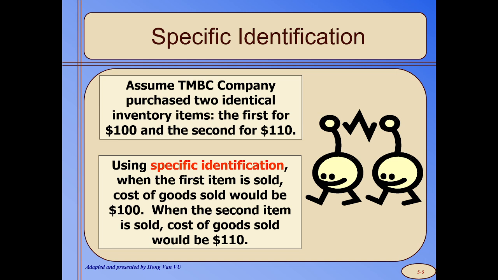Assume that the company has two identical inventory items, the first for 100 euro and the second for 110. So if we use specific identification, when the first item is sold, the cost of goods sold would be 100 euro. When the second item is sold, the cost of goods sold should be 110. Right?